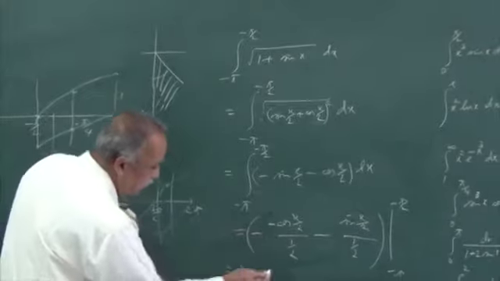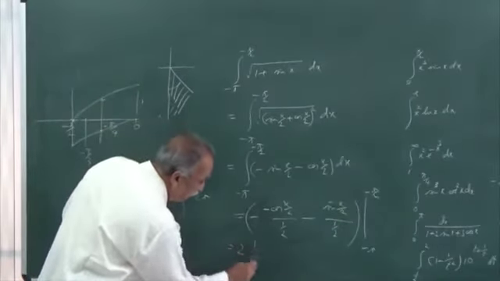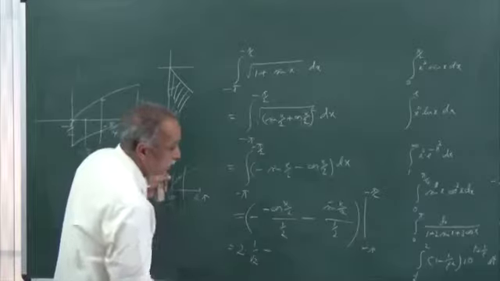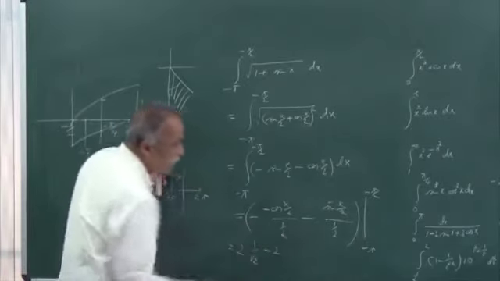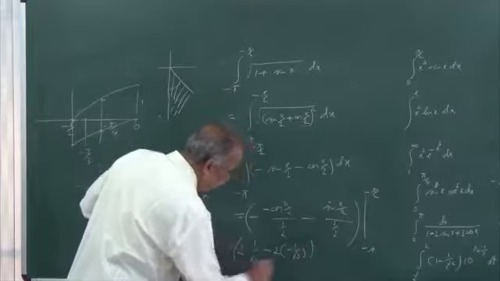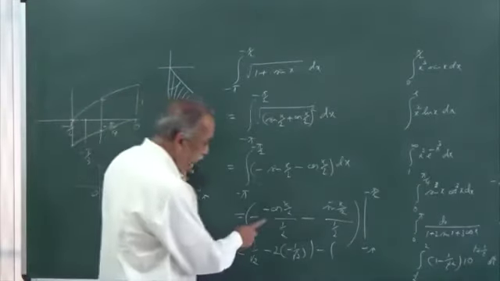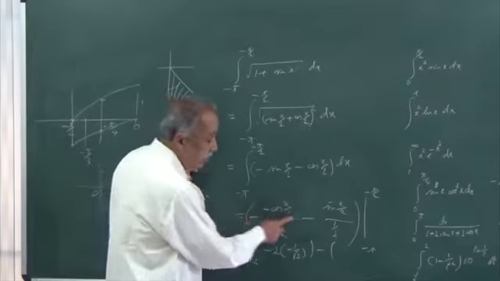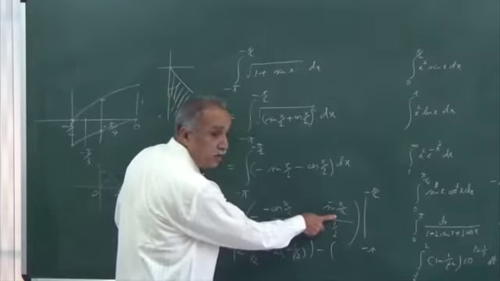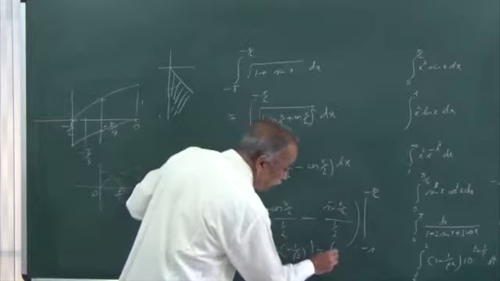Minus of minus plus 2 into cos minus pi by 4, which is 1 by root 2, minus 2 into sin of minus pi by 4, minus 1 by root 2, is the value at upper limit. Value at lower limit will be, this will be 0 and this will be minus 1. Minus of minus 1 divided by half, that is 2.